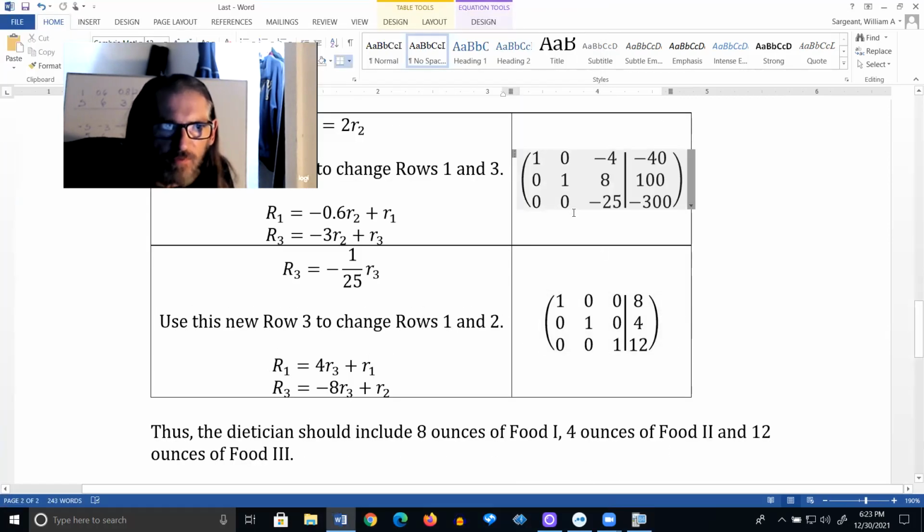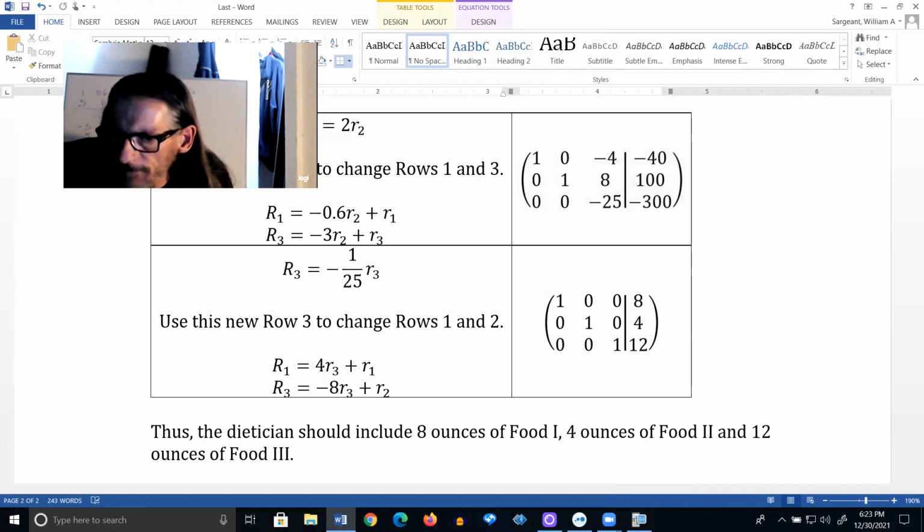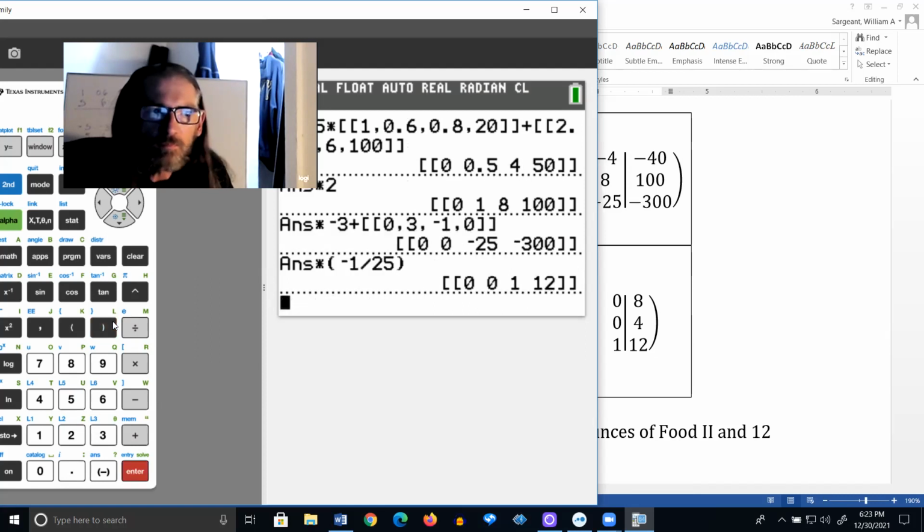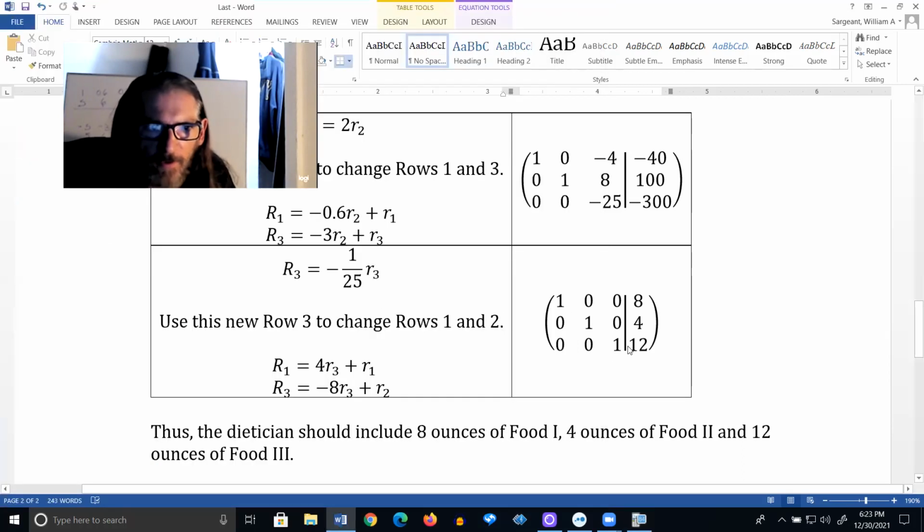It is. So I'm going to multiply all of that by -1/25th to get a 1 on the diagonal in column 3. And you can see the tail end of it right there.